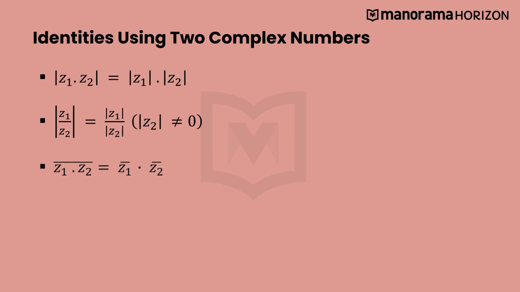Third identity, Z1 into Z2 the whole bar is equal to Z1 bar into Z2 bar. Fourth identity, Z1 plus or minus Z2 the whole bar is equal to Z1 bar plus or minus Z2 bar.